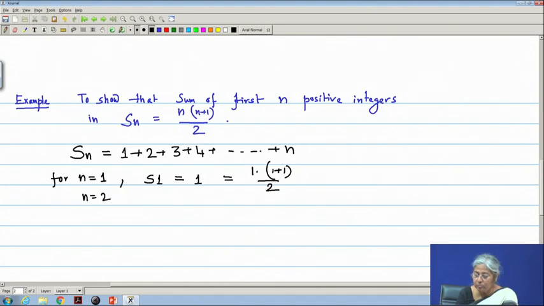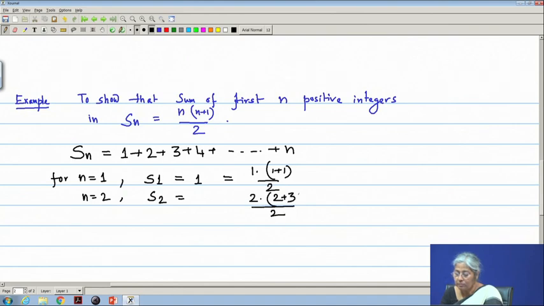For n equal to 2, S2 is 2 into 2 plus 1 by 2.